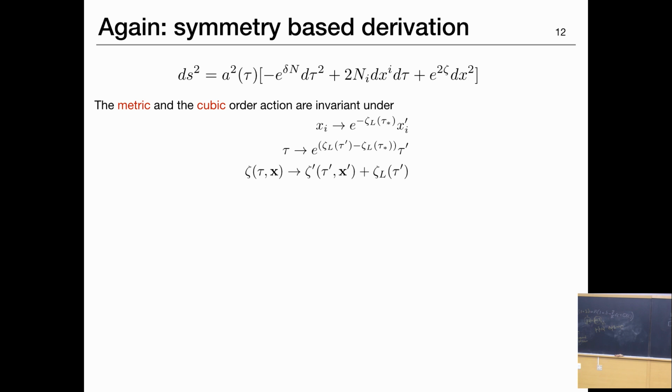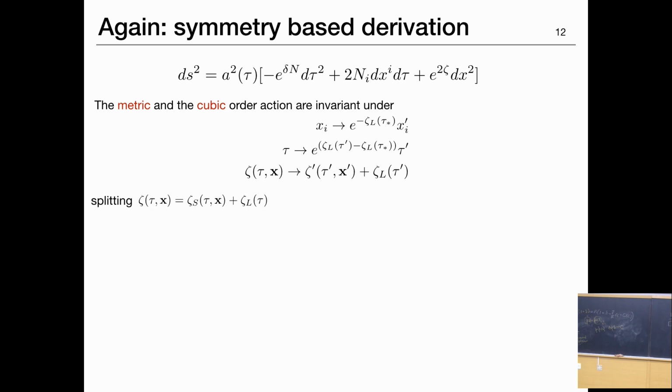Now I'm changing the time coordinate in this way. Here, t star is some reference time. It could be the horizon crossing moment, if you want. And theta tau is the super horizon mode for ultra slow roll inflation.